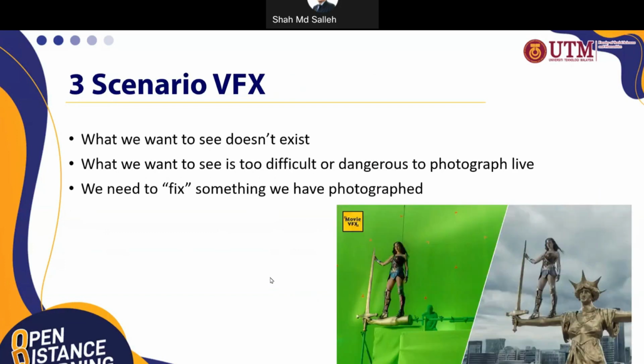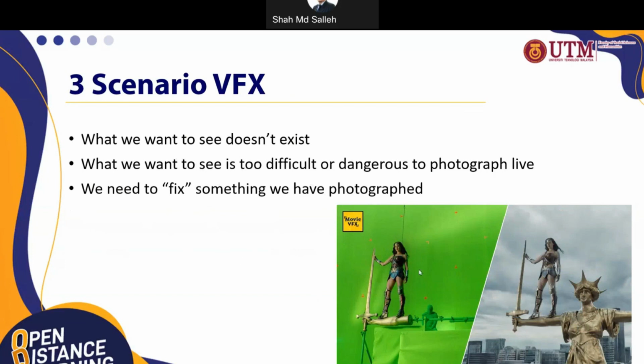And then, three scenarios for visual effects. Why do we use visual effects? First, what we want to see doesn't exist. Second, what we want to see is too difficult or too dangerous, as I said before. Third, we need to fix something to have a perfect photograph based on the storytelling or the storyboard.